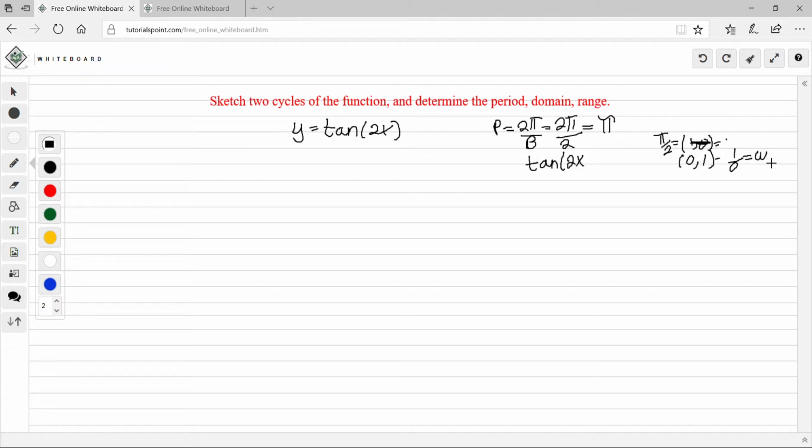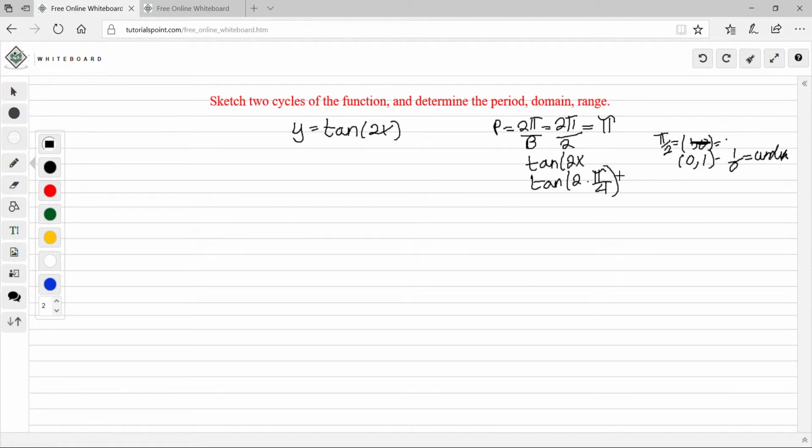So what do we have to multiply to get pi halves? Let's multiply 2 by pi fourths, and when you simplify that, it gives you pi halves. So pi fourth is where it's undefined.